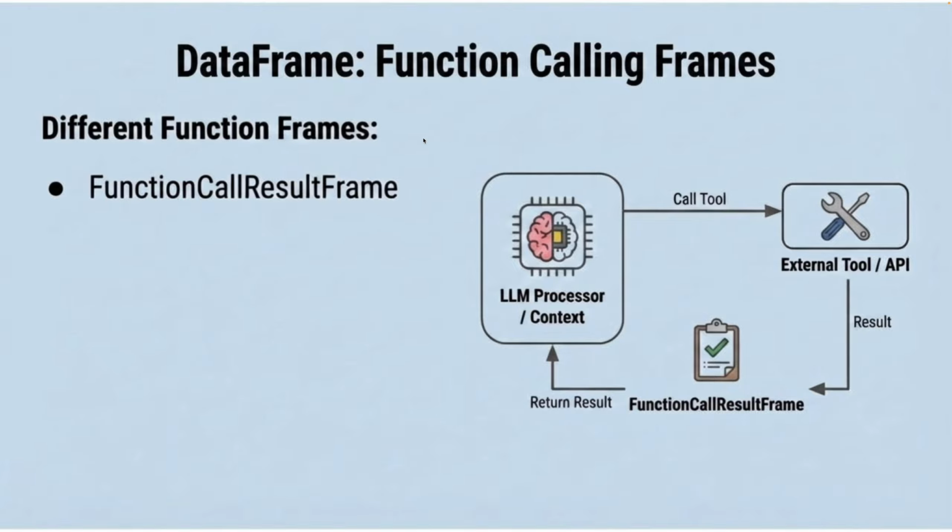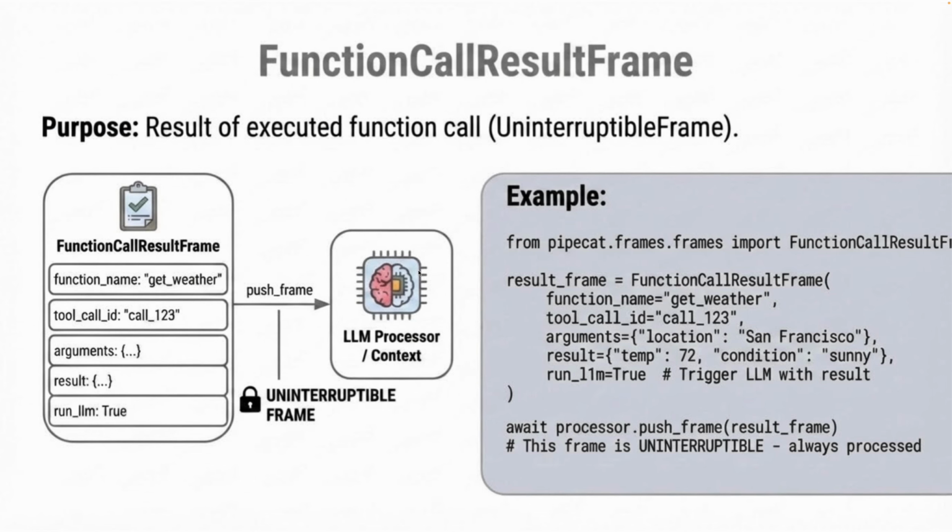Next we have function calling frames. If you remember, in system frame we have certain function frames. So here for data frame we have function call result frame, where once we have made a function call, whatever result we have gotten, we get it using this frame.